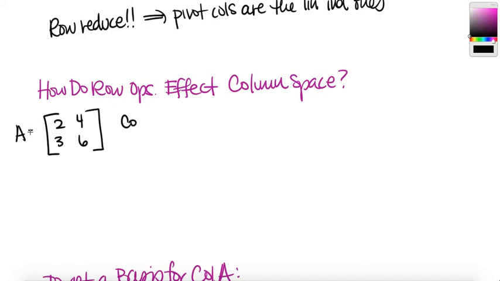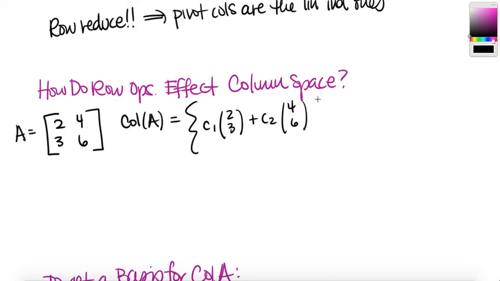Let's call this matrix A. The column space of A is going to be everything that's a linear combination of those two columns. So c1 times (2, 3) plus c2 times (4, 6), where c1 and c2 are in R.